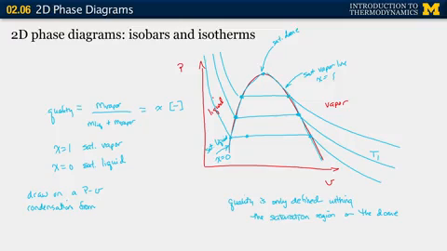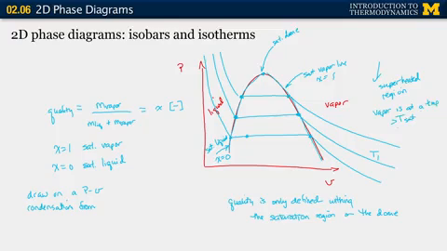This region here to the right of the saturation line is referred to as the superheated region. And that has a very specific meaning in that it's superheated to a temperature higher than the saturation temperature. So that vapor is at a temperature greater than T saturation.